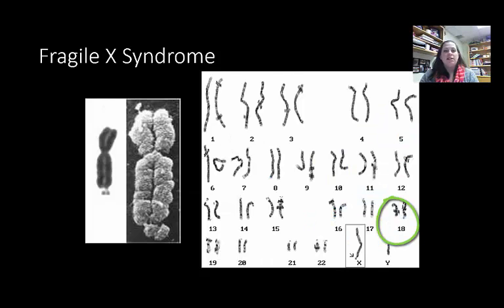The last thing here is the Fragile X. With Fragile X, guys, this is a disorder or syndrome that's due to the chromosome having an area that's ready to break off. And you can actually see it here and also in the karyotype. The very end of the X is fragile and barely hanging on, which means that it's going to have a harder time being expressed.